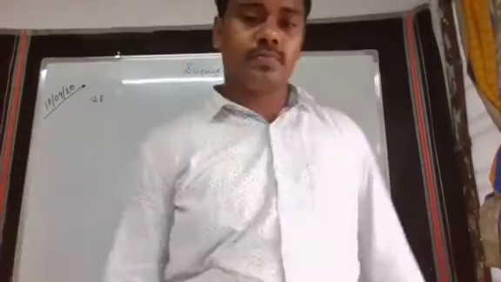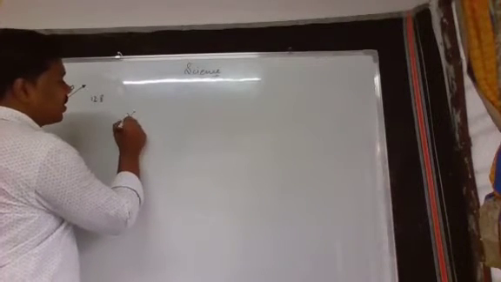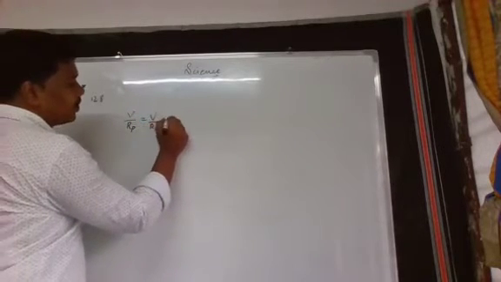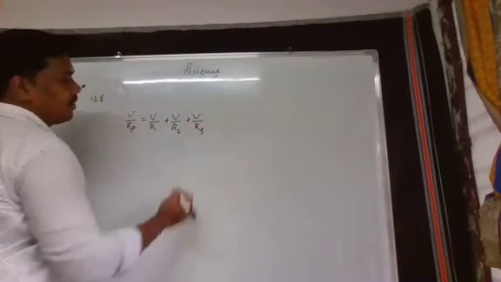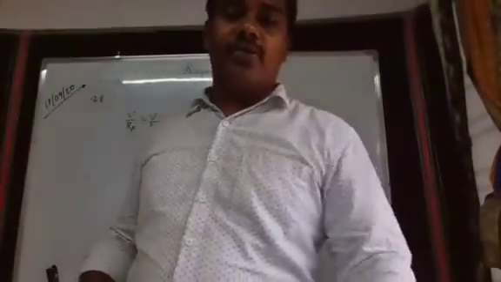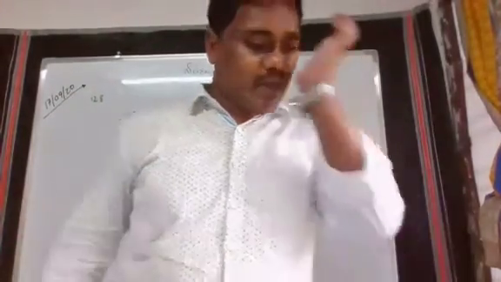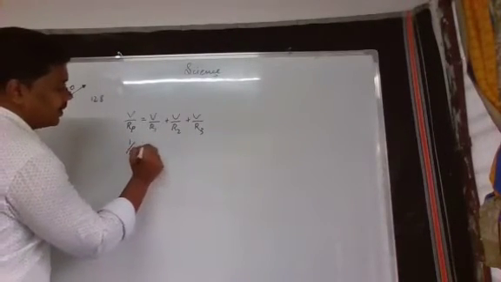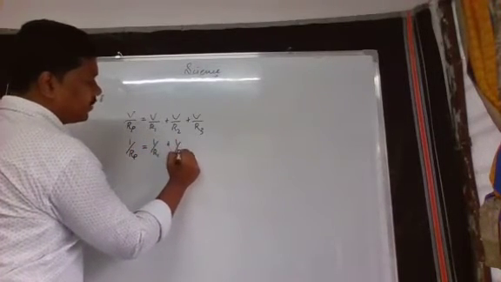So we have V by Rp is equal to V by R1 plus V by R2 plus V by R3, and in our derivation we found that on both sides the potential difference is cancelled. So 1 by Rp is equal to 1 by R1 plus 1 by R2 plus 1 by R3.